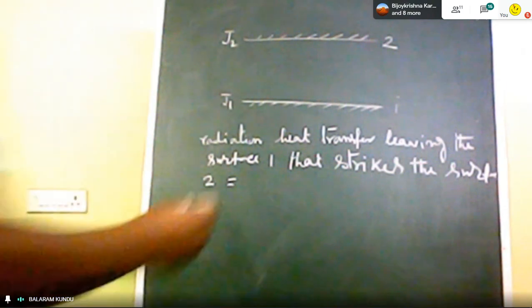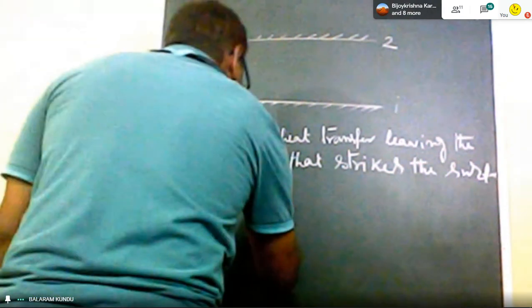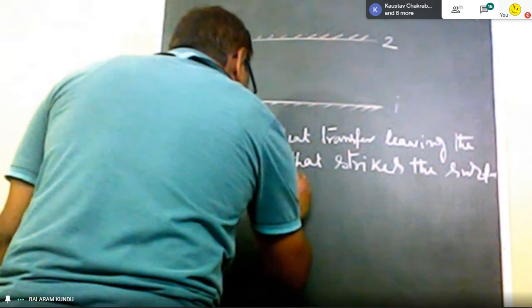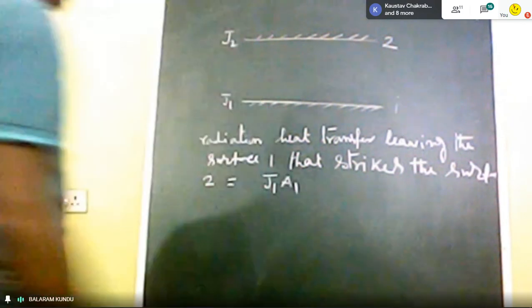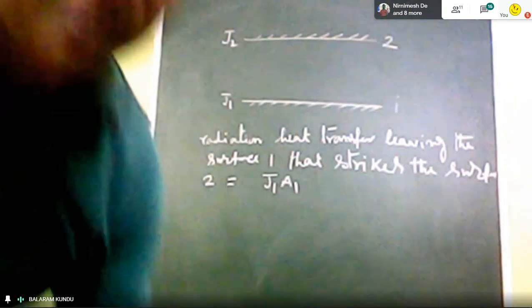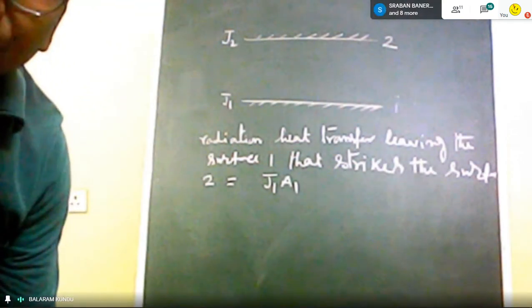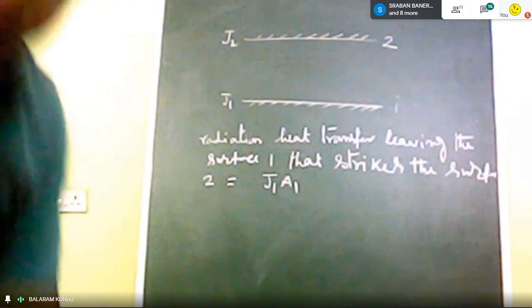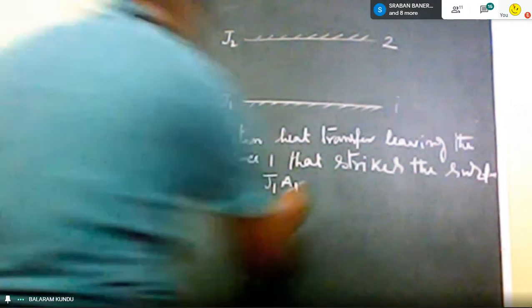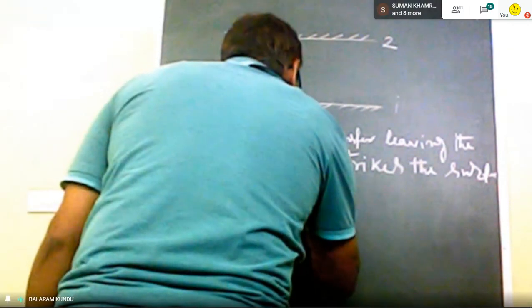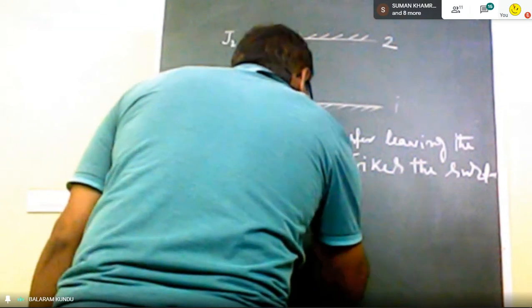This should be J1 into area A1 into what? One more factor should be considered, and that factor is the view factor or configuration factor, F of 1, 2.